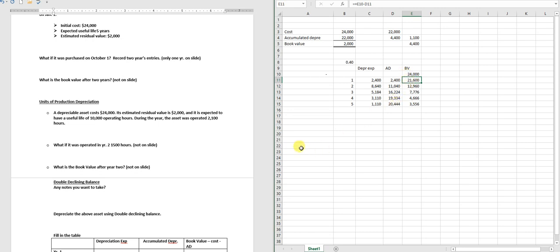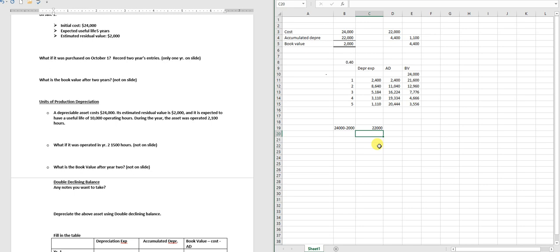All right, so let's go back to units of production. In units of production, it is very similar to straight line. I take my cost minus my salvage value. So I have $22,000. Okay, and so I take my cost minus salvage value divided by life.